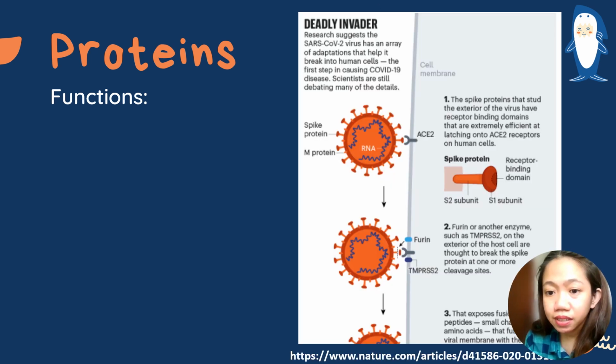To further emphasize the function of proteins, proteins are present as spike proteins in the outer covering of cell membranes and in the covering of viruses. So, for example, the SARS-CoV-2 virus was a difficult type of virus to fight because of its spike proteins. The spike proteins are read mistakenly by our cells as safe.